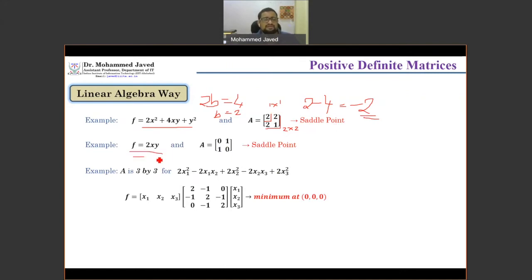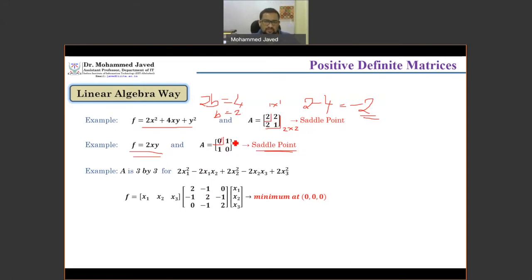Similarly, if you take the equation f equal to 2xy, in such a case there is no a term and there is no c term. So you put 0, 0 here, and what is 2b? 2b is 2, so b is 1 and 1. Again, when you try to calculate the determinant with respect to this one, the determinant is 0 here, so the condition fails because it is not positive, it is equal to 0, so there exists a saddle point.